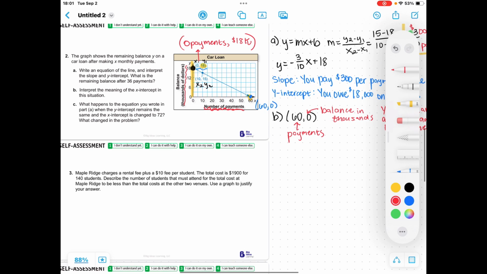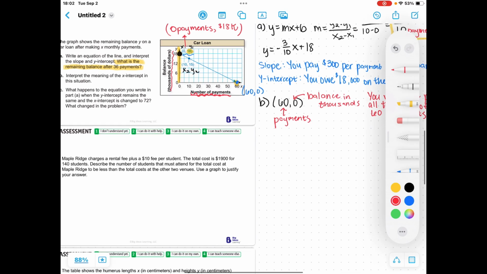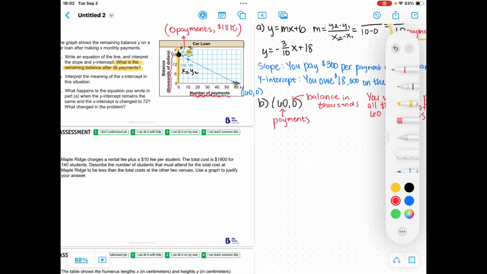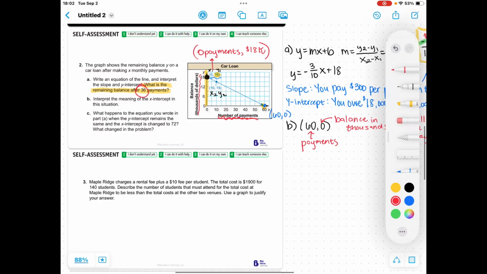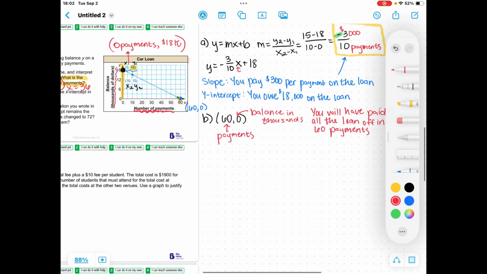I also just realized too that I didn't answer all of part A. So I'm going to do that real quick, like part A, part 2. I'm pretty sure I discussed this in all my classes, but just for note-taking purposes, that 36 payments is the number of payments, which is your x. So x is equal to 36, which you just plug into your equation.